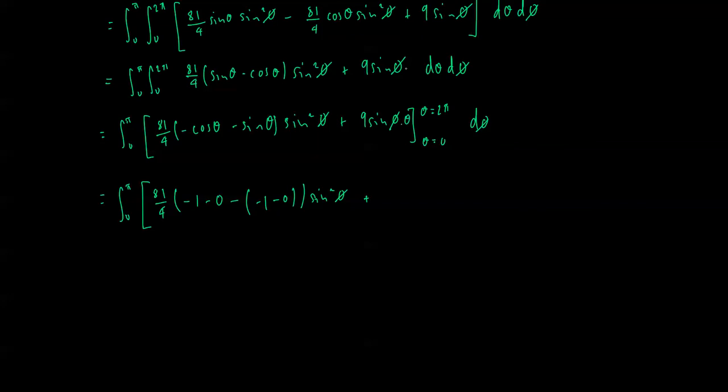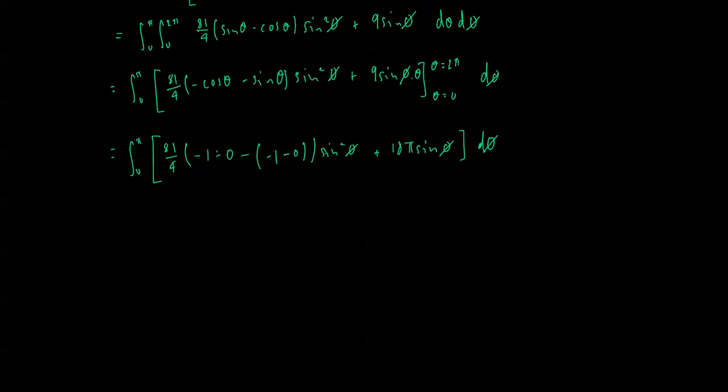So times theta, because when I integrate I get a theta. So it's going to be 18 pi sine phi d phi. What happens here is I've got negative 1 plus 1, so that term goes to 0. So I've just got the integral from 0 to pi of 18 pi sine phi d phi.